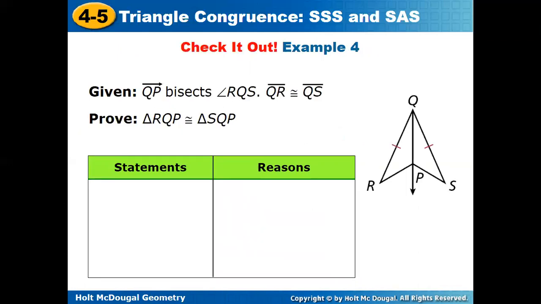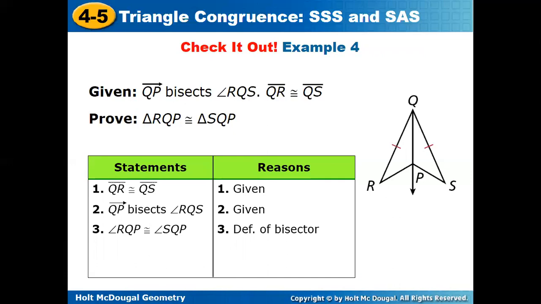Check out example 4. Given QB bisects angle RQS and QR is congruent to QS, prove that triangle RQB is congruent to triangle SQB. The first statement, QR is congruent to QS, this is given. QB bisects angle RQS, also given.